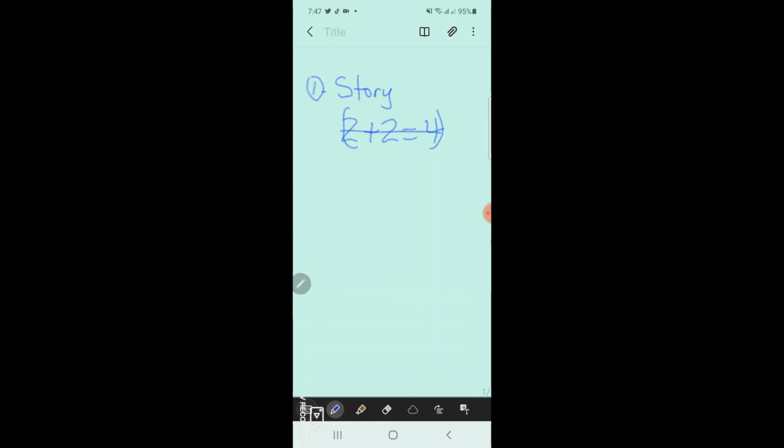So for example, let us say I have a story. Let's say I'm going to use my Anna. Anna had two, let me not use the number 2, because as I said, we're going to use the language of mathematics, right?